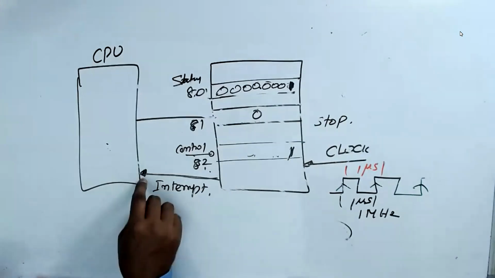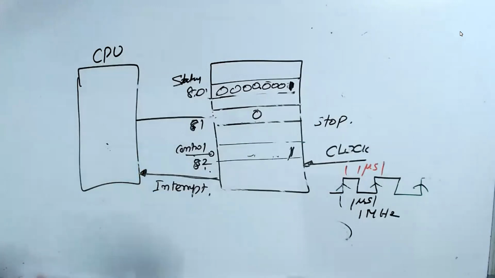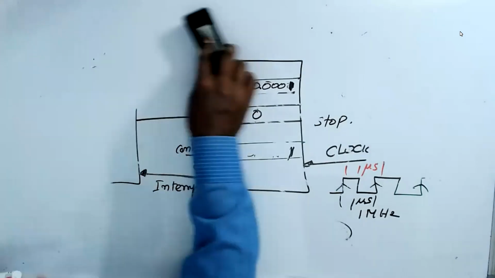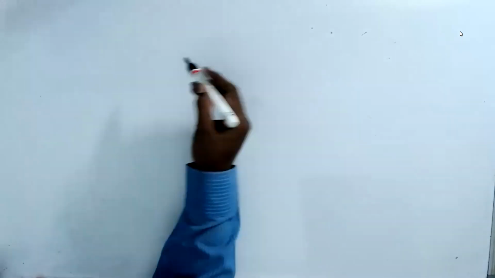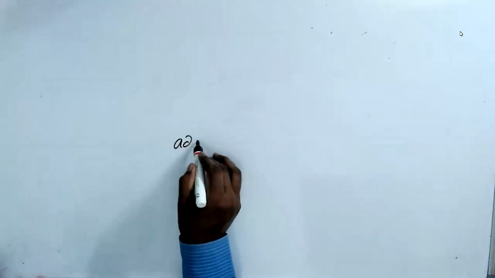When he gives the interrupt, what will the CPU do? This is what you have to understand. Very important. Let's say you have a function called add.